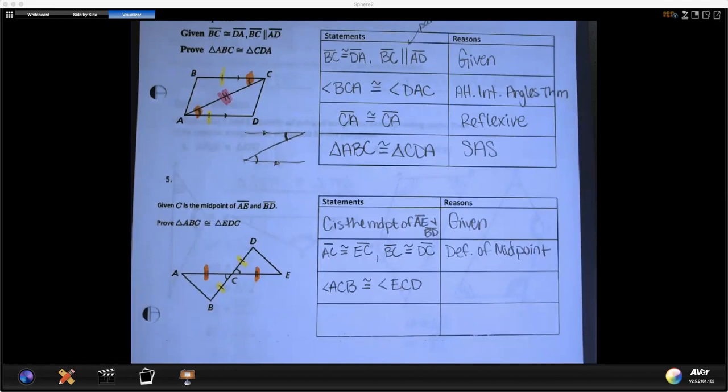Okay, what type of angles are formed by two intersecting lines? What type of angles are those? Evelyn? Vertical angles, yeah.